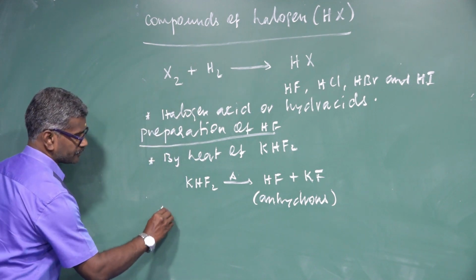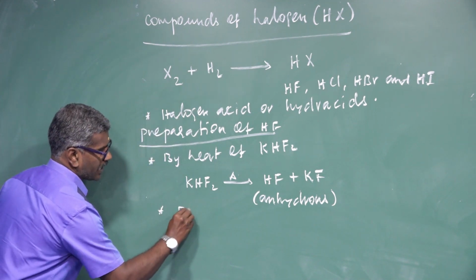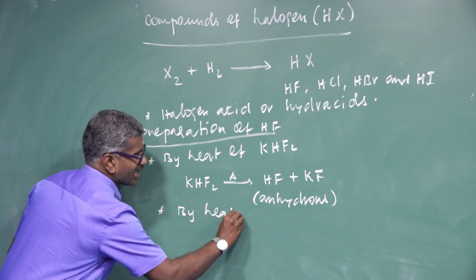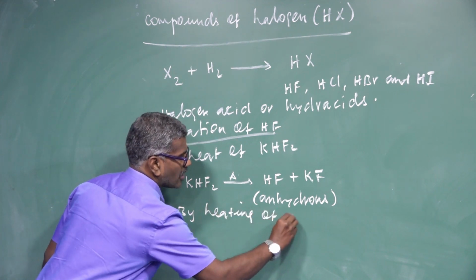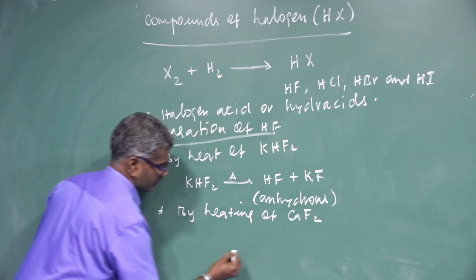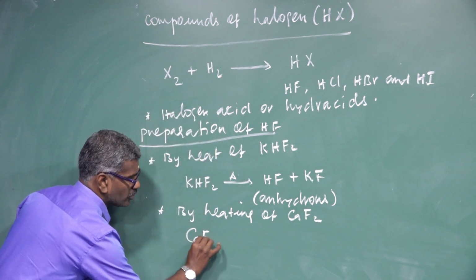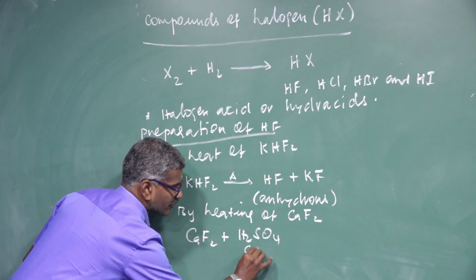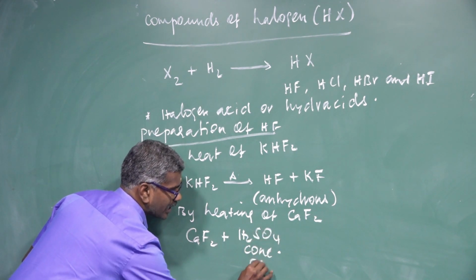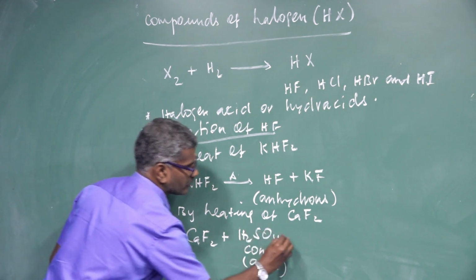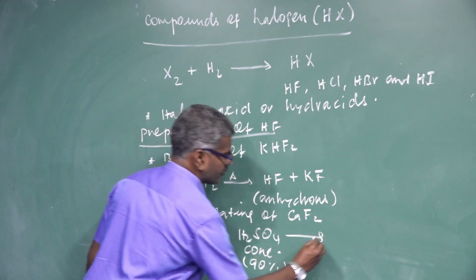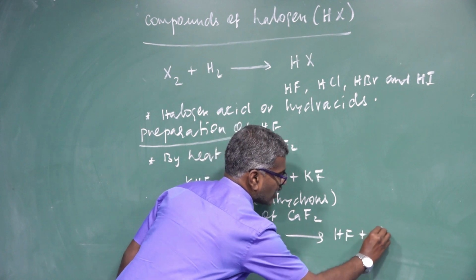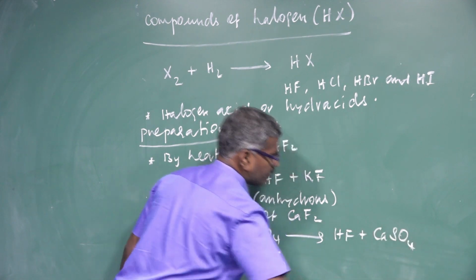Another method, by heating calcium fluoride. Calcium fluoride is heated with concentrated sulfuric acid, about 90%, and it forms HF and calcium sulfate.